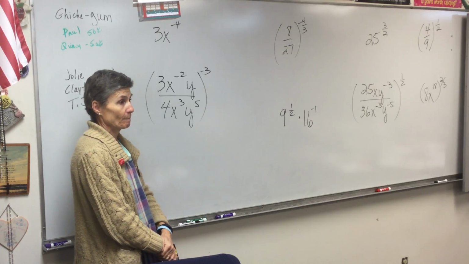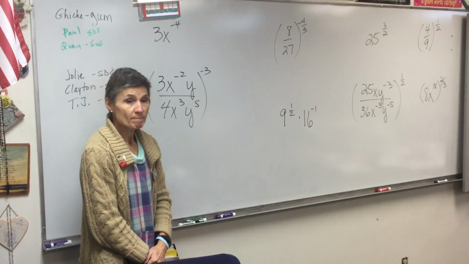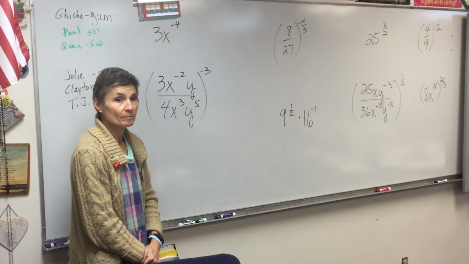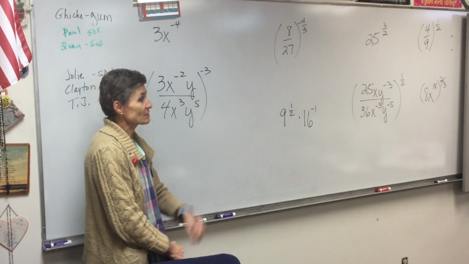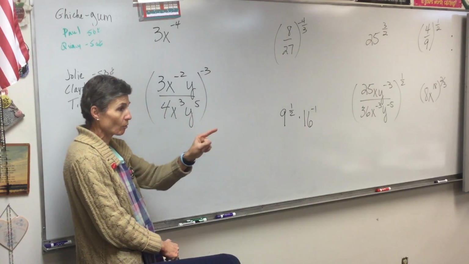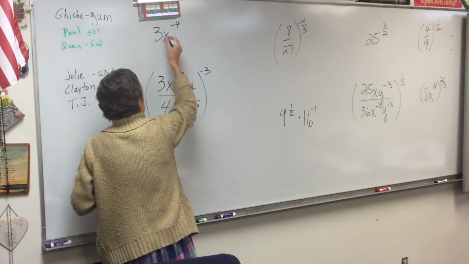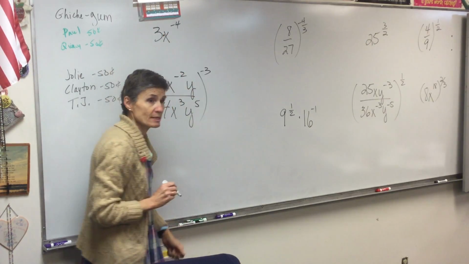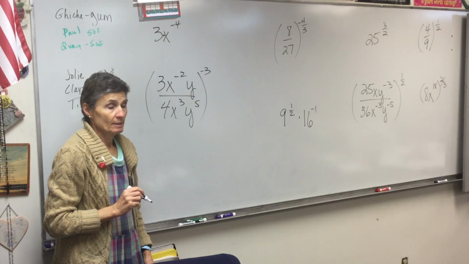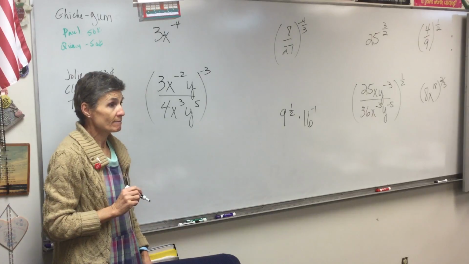What's the answer? Cameron? Wouldn't it be 1 over 3x to the 4th? Oh, that's what people always want to do, and that's not quite right. It's close. These are 2 separate numbers. Anytime you have a negative exponent, it's 1 over, right?